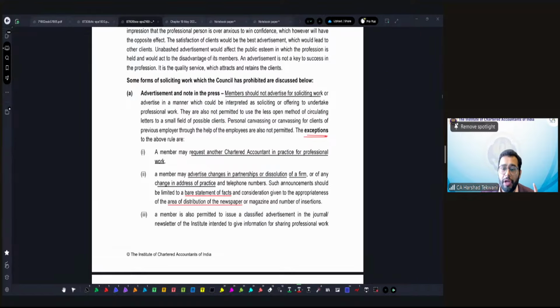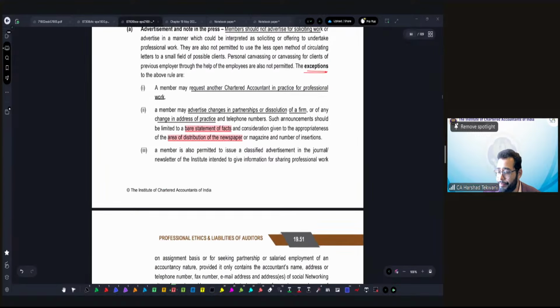So you need to make sure that if there is an advertisement for the change in partnership details or the address, fine, provided these announcements are bare statements, and the area of distribution should be limited or appropriate with respect to where your firm is. Okay, so exceptions are marked in red, and you can easily understand these are the exceptions. Only bare statement and area of distribution, nothing else. You need to focus on these things, then only it is allowed, otherwise not.